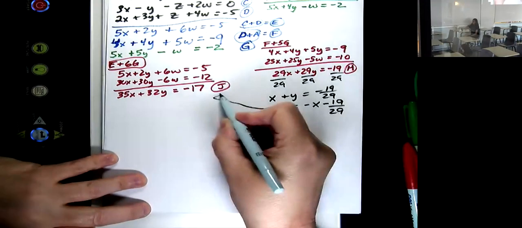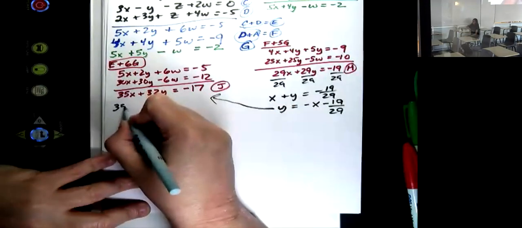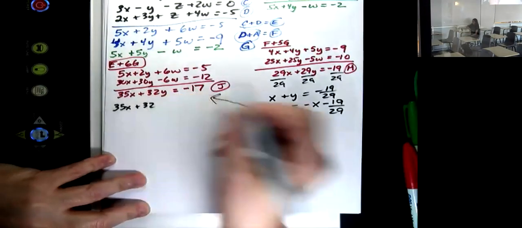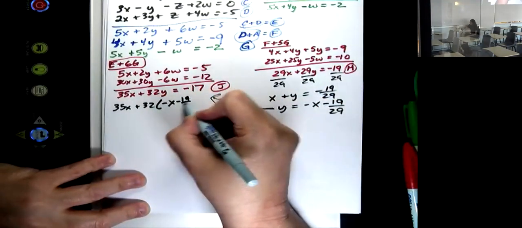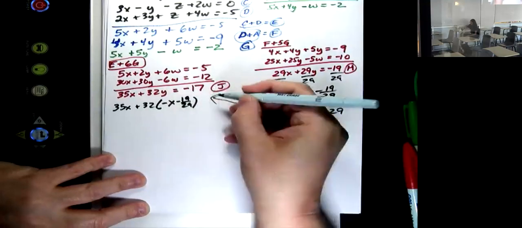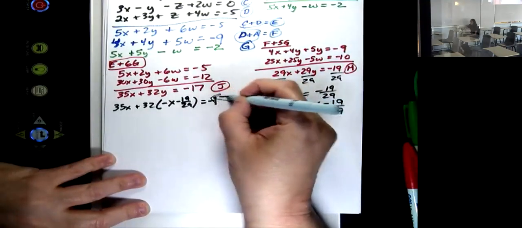We've got to do a substitution. 35x plus 32 times negative x minus 19 over 29 equals negative 17.